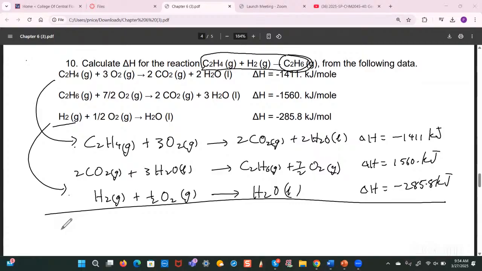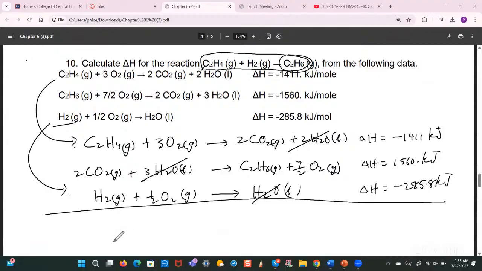So what will cancel out? Those three will cancel out these two and that one on the right side.